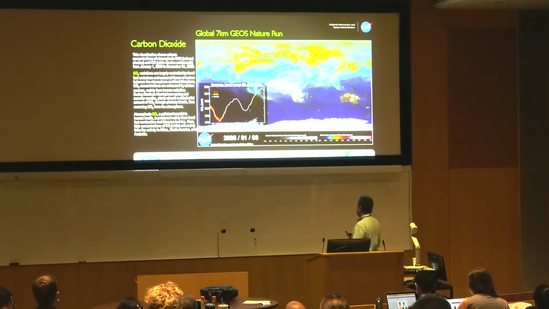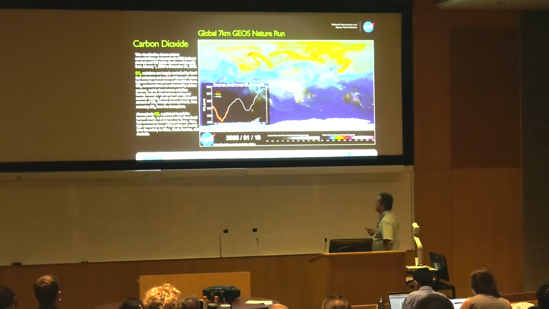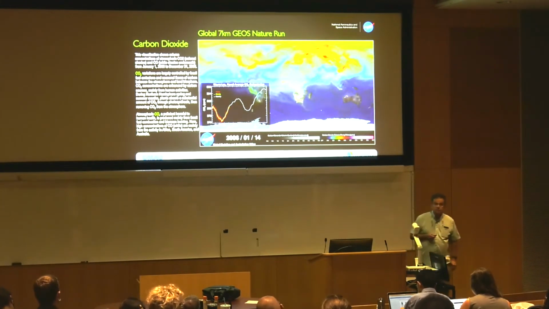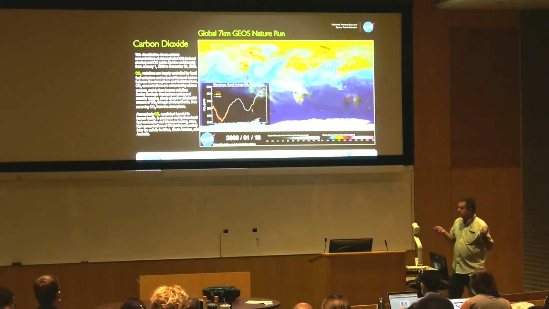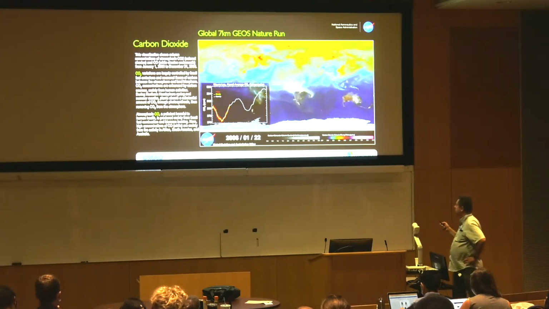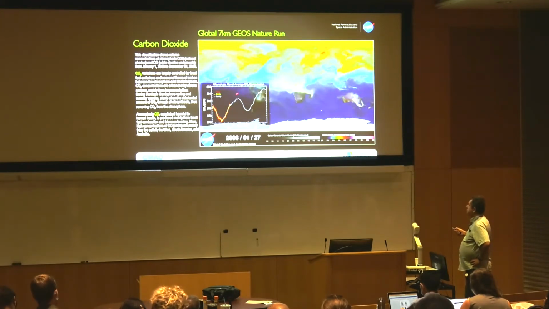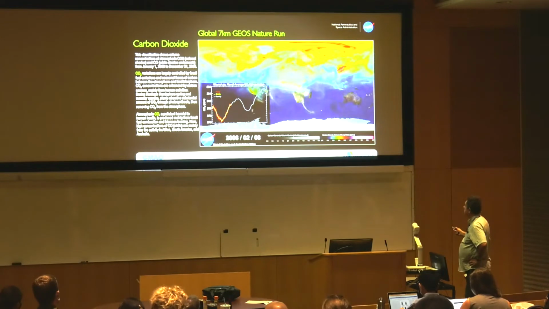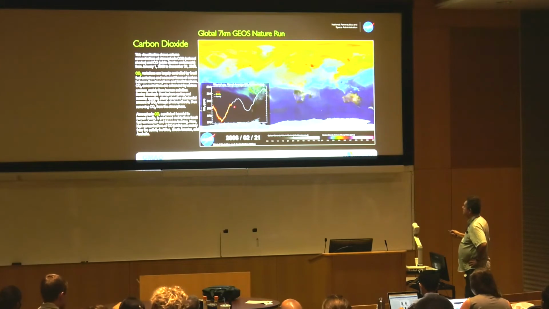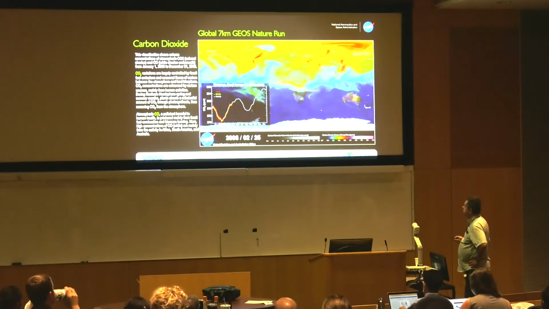So here are a few words about the effort on the simulation of CO2 and the whole carbon cycle and carbon fluxes. I have a few more slides later on. And here is just the evolution of CO and CO2 in the same plot. You can see the CO is mostly over Africa from biomass burning. And you can see here the evolution of the CO2 for this period of time.